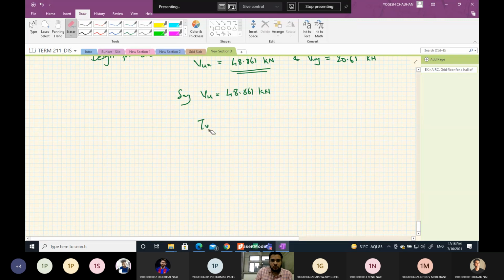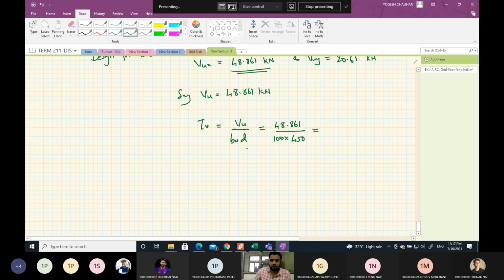So tau v will be equal to Vu upon Bd. Now width of the web should be taken, because shear will be resisted by the web rib. It should be Bw times D, that is 100 times 450.